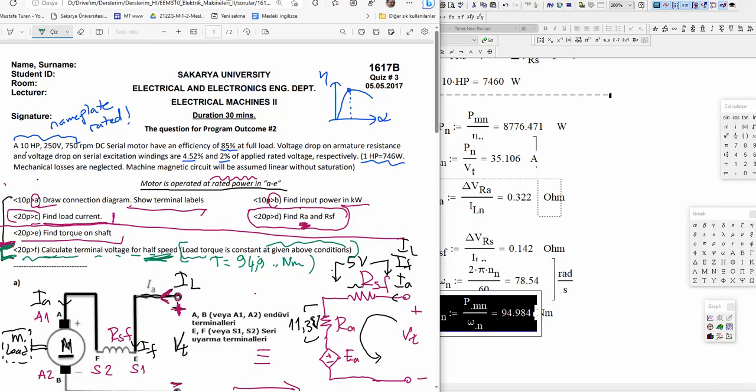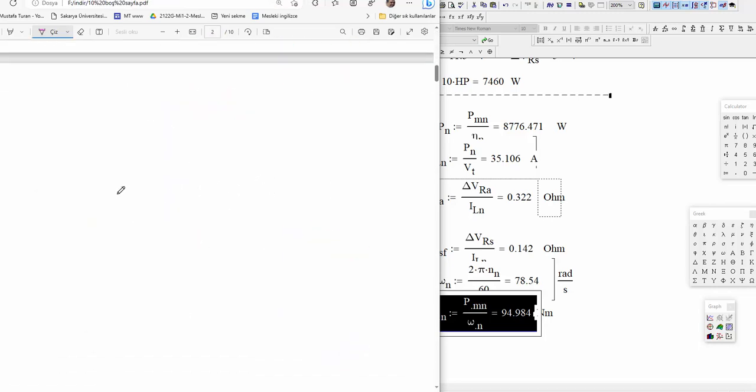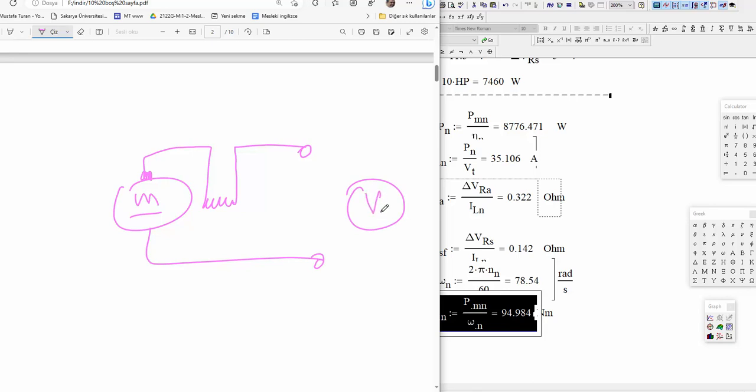What does it mean? Ladies and gentlemen, here's a motor. It is a serial motor. Here's the voltage source, let's say terminal voltage, an external power supply applied, and then here's a mechanical load having constant load torque of 94.984 Newton meters.